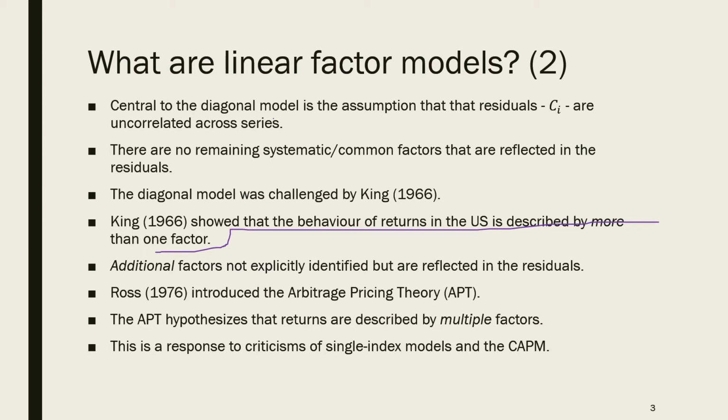Instead, King proposes that there are multiple or additional variables that we should consider. In other words, there isn't only one source of information that moves stock prices and the entire stock market. There are various sources of information as reflected by various indicators that move stock markets.